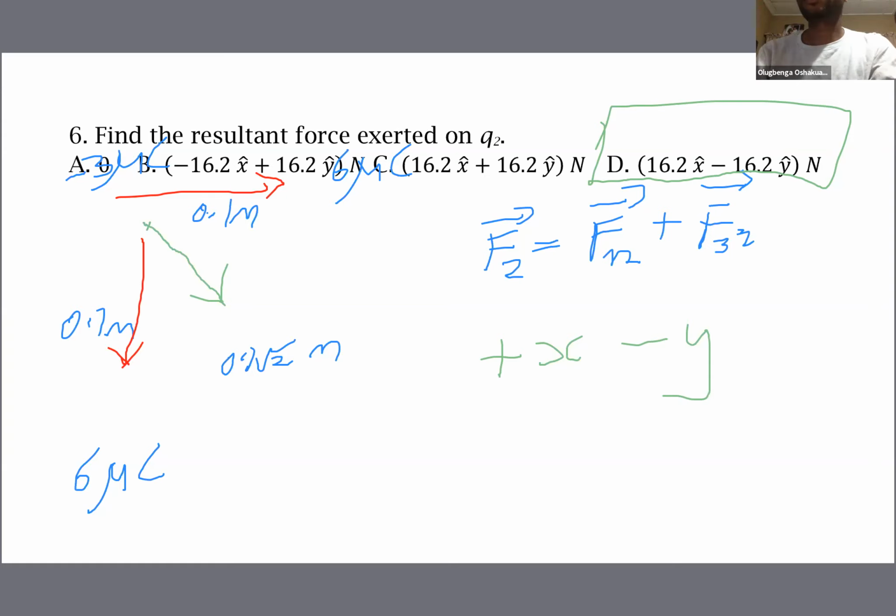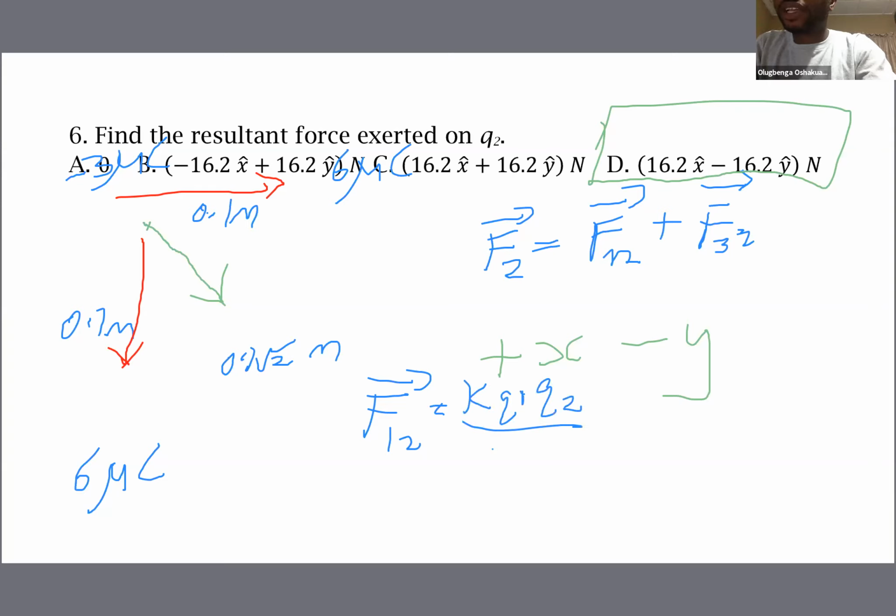And what are we calculating? We are calculating F12 and F32. So what is F12? F12 is equal to K Q1 Q2 divided by R12 squared times R12 caret.